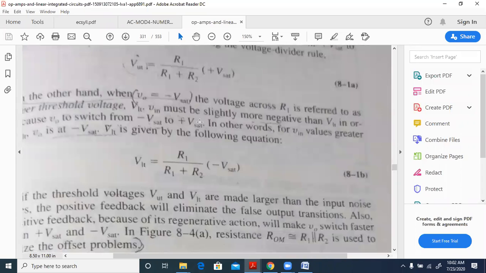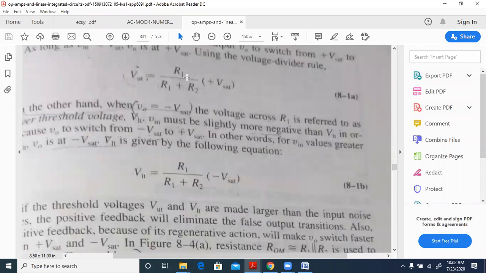Let us see the formula for that. VUT is R1 by R1 plus R2 times plus VSAT. Here the input voltage has no meaning at all. Please remember that for VUT and VLT calculation, it is the VSAT. So plus VSAT is 14 volts.